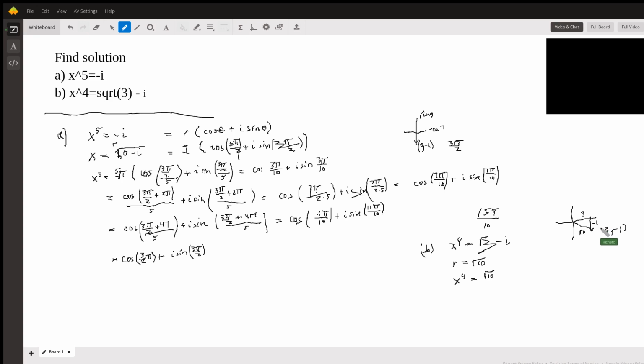So we have to find that on the calculator in order to get this angle here. This is the angle we're interested in. So let's see. Get my calculator into radian mode. I'll use the inverse cosine of 3 over root 10.